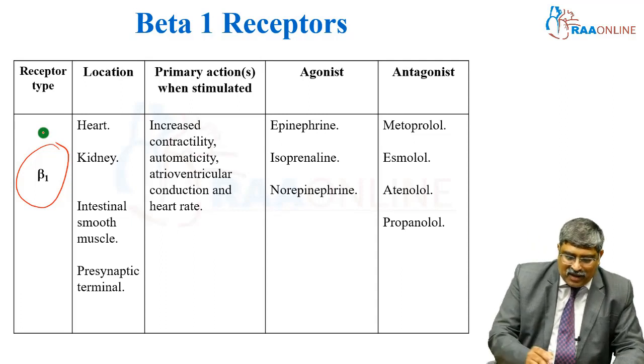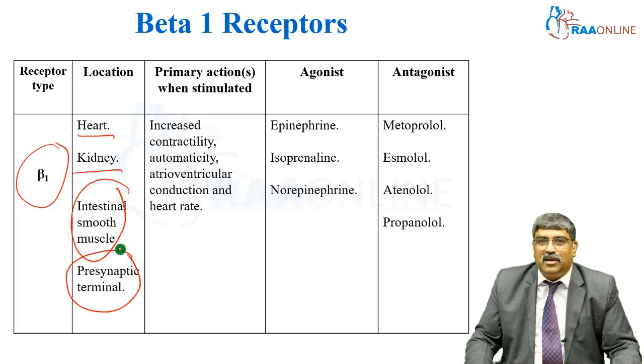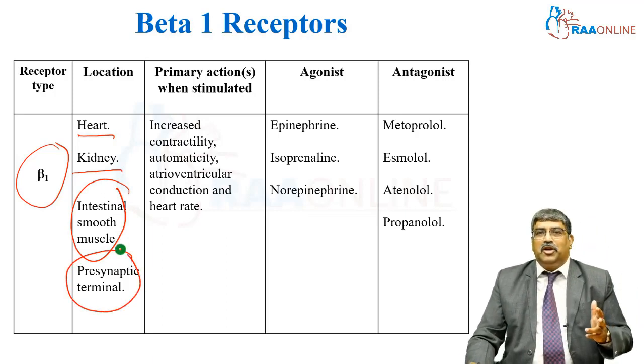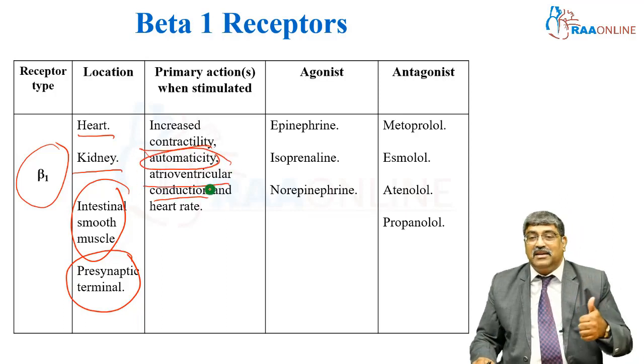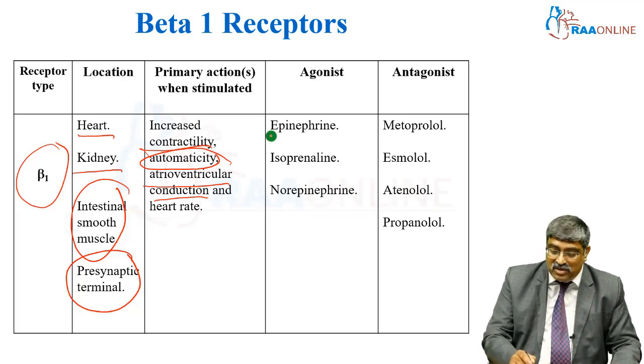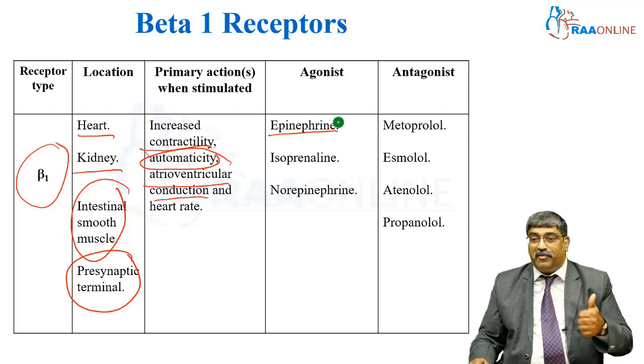Now, coming to beta 1 receptor. Here, it is located in the heart, renal system, intestinal smooth muscle, presynaptic terminal. By stimulating beta 1, you increase the contractility, ionotropy of the heart, AV node conduction and the rate is increased. The agonists include epinephrine, isoproterenol and norepinephrine.